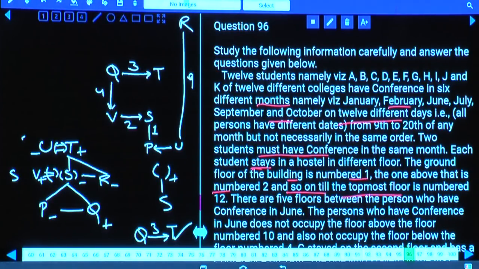In total 12 persons, on different dates, isn't it?